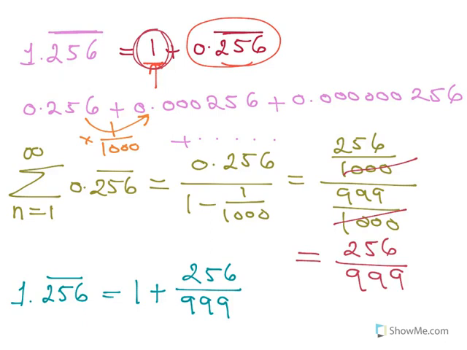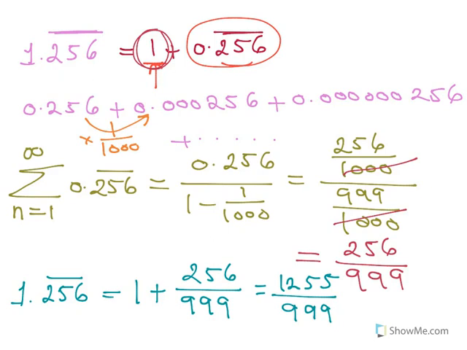And easily with a calculator you can do this: 256 divided by 999 and just add 1 to it. So it becomes 1255 over 999. And if you check this out on the calculator, it will show you that it's 1.256256 repeating forever. So it's sort of the same way, a different idea.